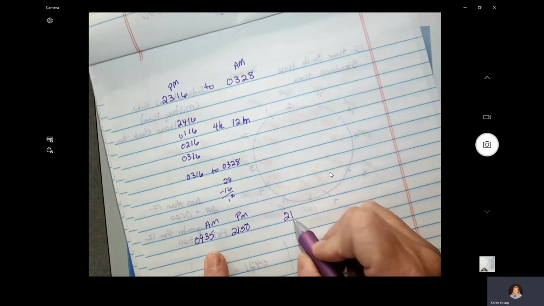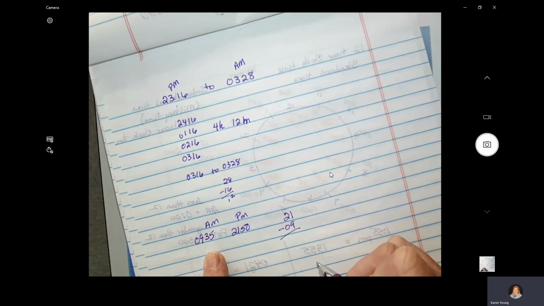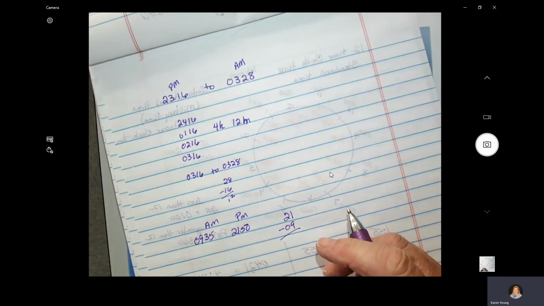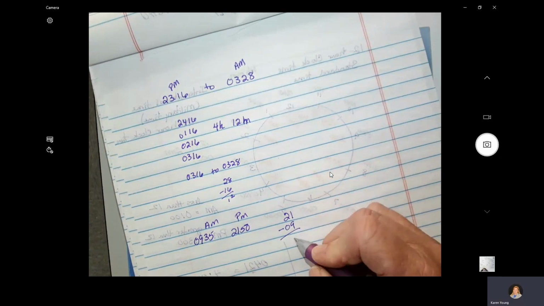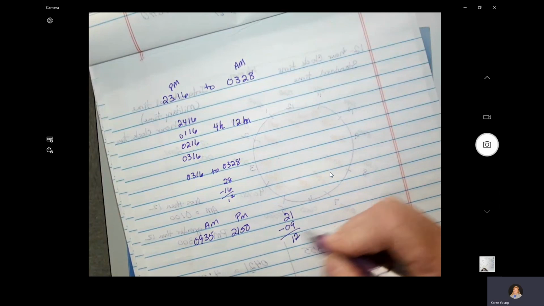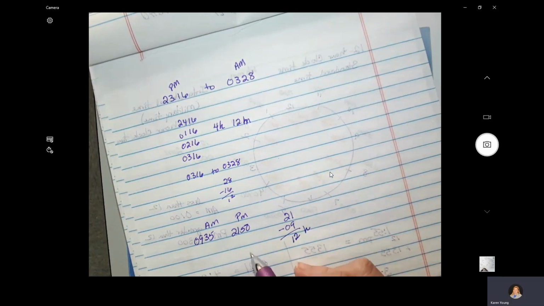But I can take the 21, and I can subtract the 09, and that's going to tell me how many hours. But I'm going to remember, going AM to PM, I'm all within the same day. Is that 12? Yeah. So I've got 12 hours, but now to go from 35 to 50.